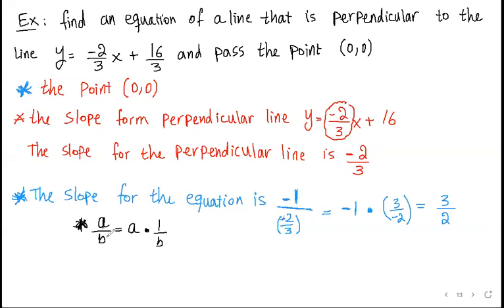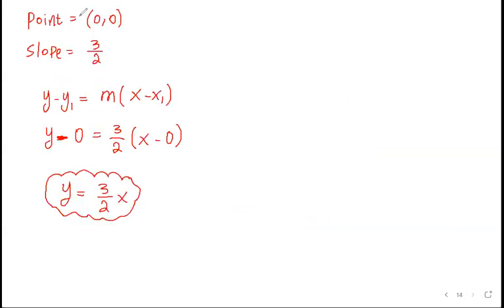And by using this formula, a over b equals a times the reciprocal of the denominator, -1 times the reciprocal of the denominator, 3/2, minus. Then after I multiply everything, I get 3/2. This is the slope for the equation I'm looking for, and this is the point. Now I use the point and the slope, plug them inside the formula, and I get the equation.